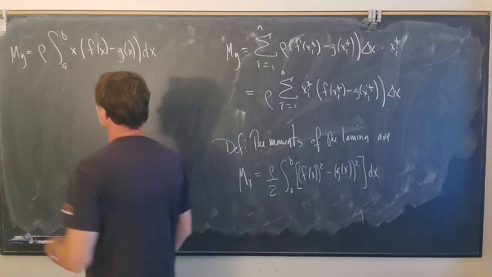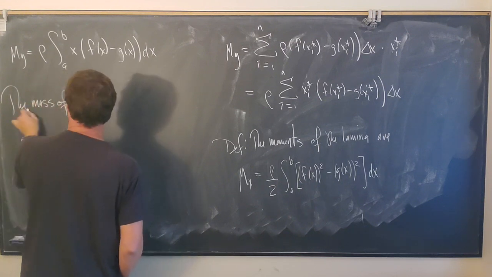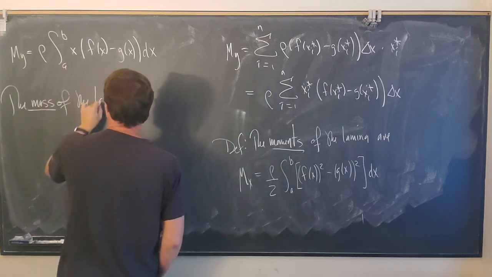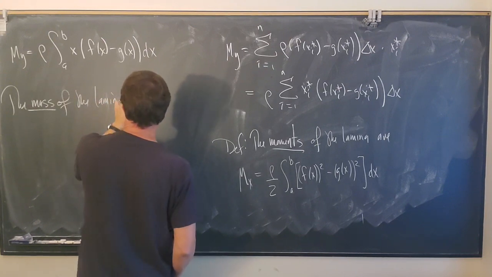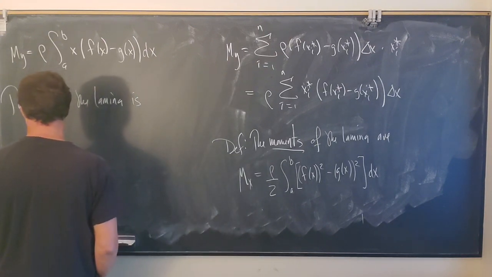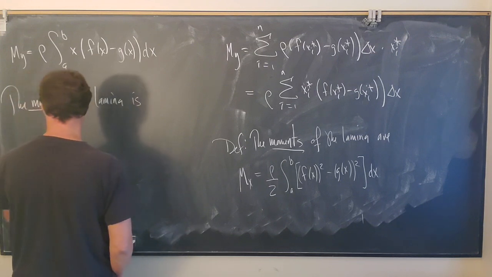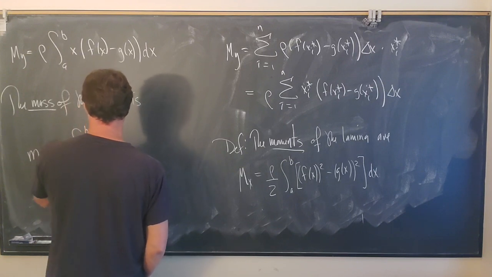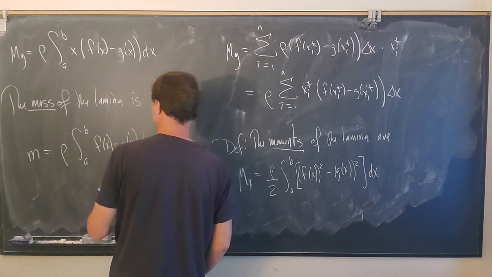There's also the mass. So the mass of the lamina is a little m, and it's equal to rho times the integral from a to b of f of x minus g of x dx.